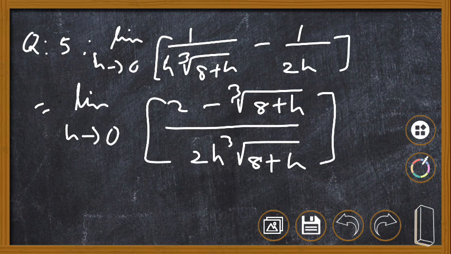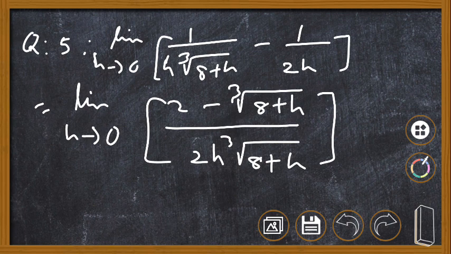Now, remember this one is a cubic rationalization, not a square root rationalization. So, for any cubic rationalization, you have to do a bit of trick, right.